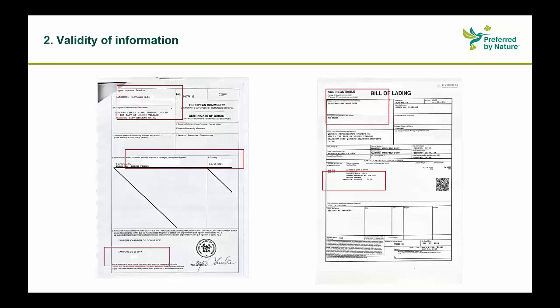Those documents where it's quite obvious that some fields have been blanked out and the information has been replaced, right? That's something that should raise an alarm and raise questions about the validity of those documents, and therefore whether you can trust them and use them or not.